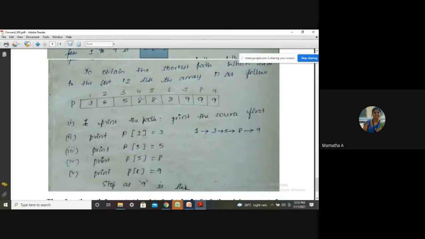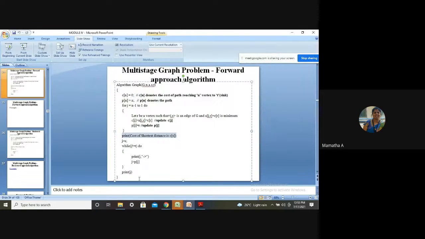After that, j becomes what to me? P of 1. What is P of 1? 3. So j becomes 3 for me. So I keep repeating the step till I get j equal to t, that is my sink. Then it will stop, isn't it?